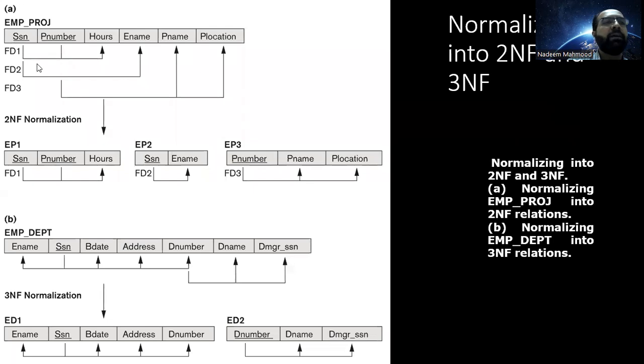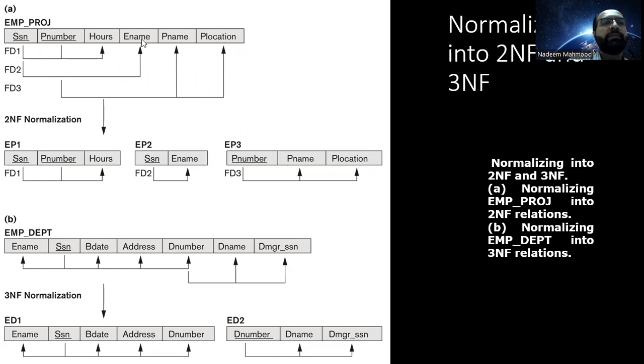So here we have an example. Let's see the example. Here we have a table called employee project, and you can see certain attributes: SSN number, P number, hours, ename, pname, and P location. The dependencies are given: SSN number and P number combine together and determine hours.